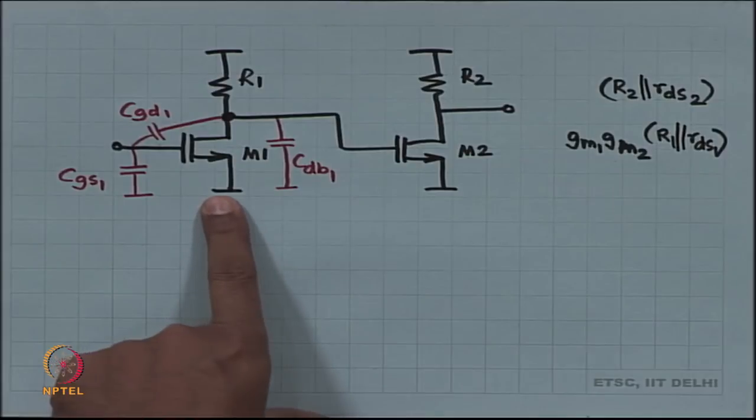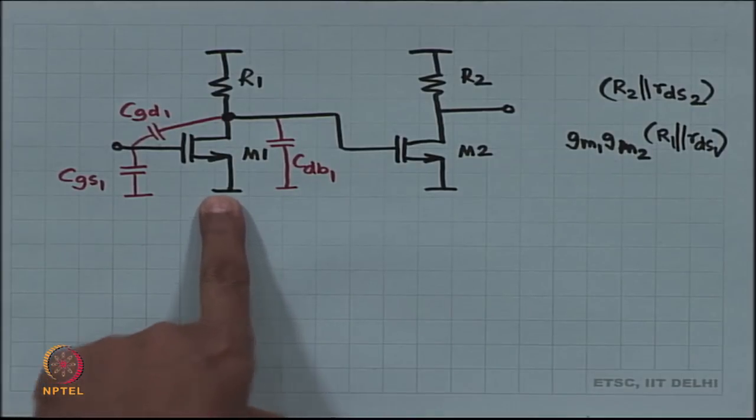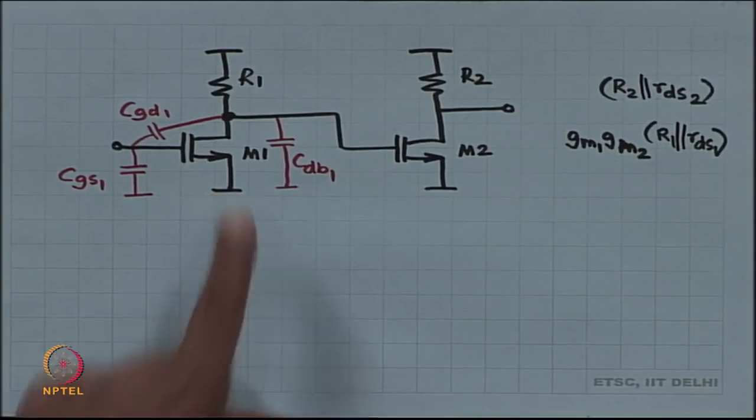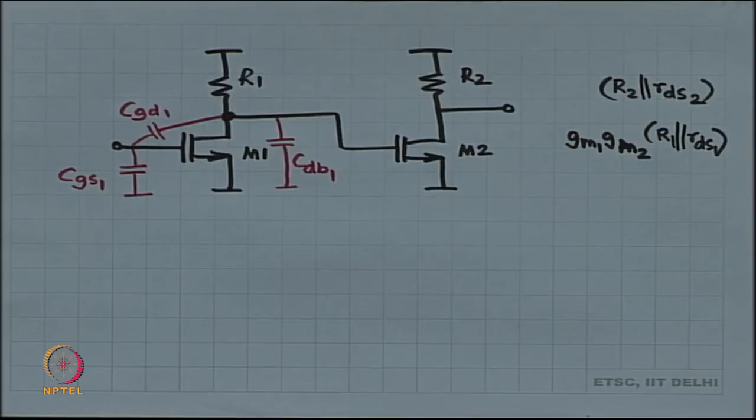I have got C source to body of 1, but that need not be drawn at all because source is at ground, body is also at ground. So, you need not worry about source to body.